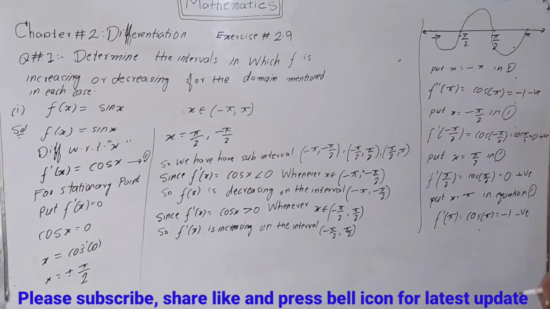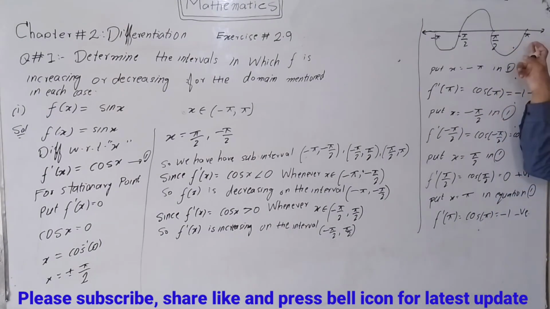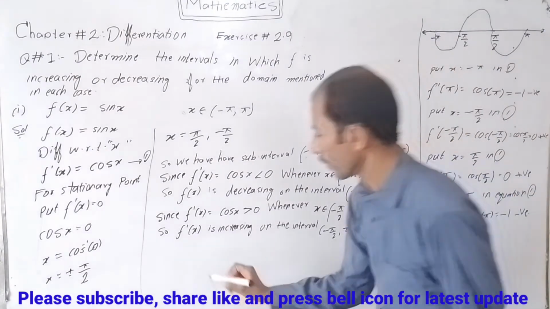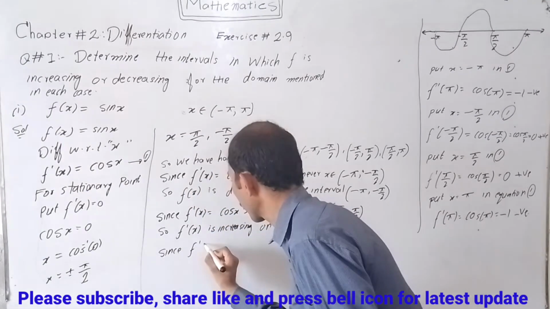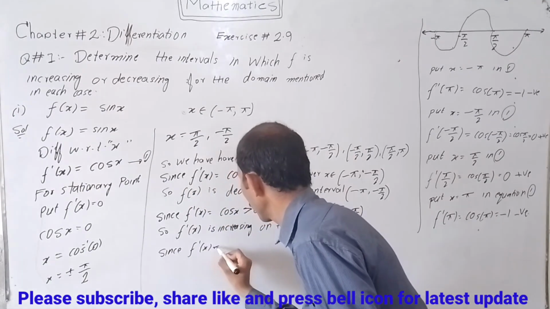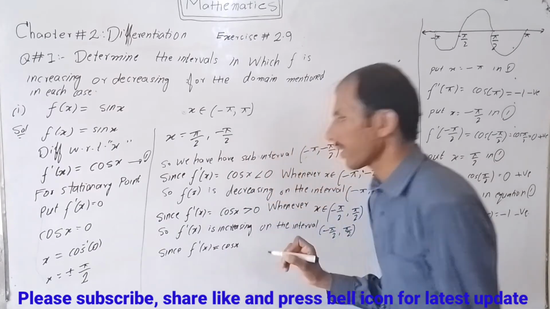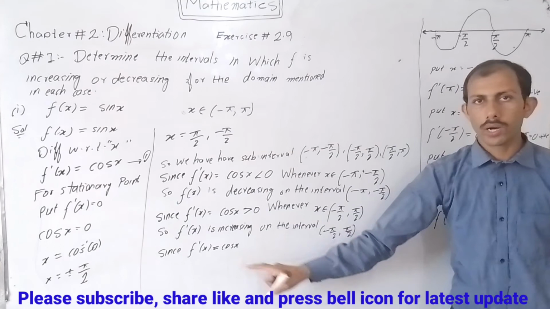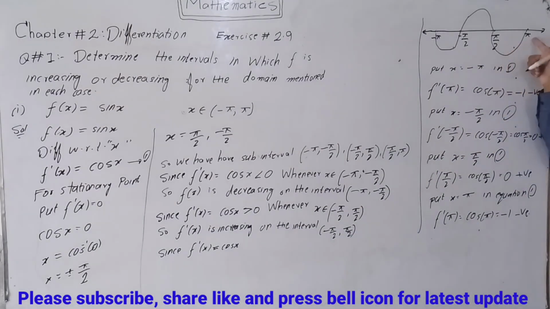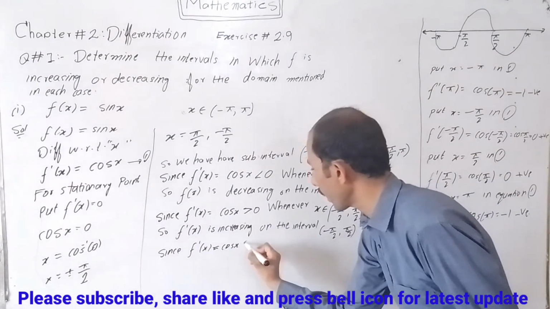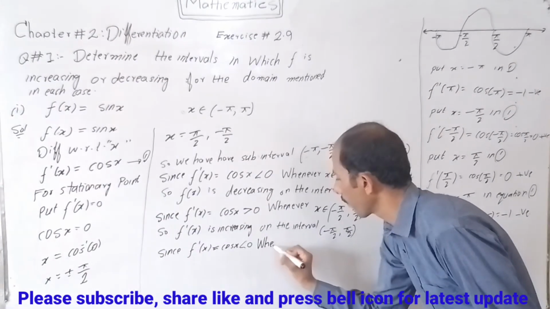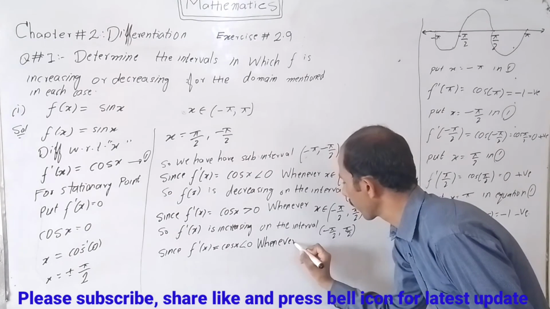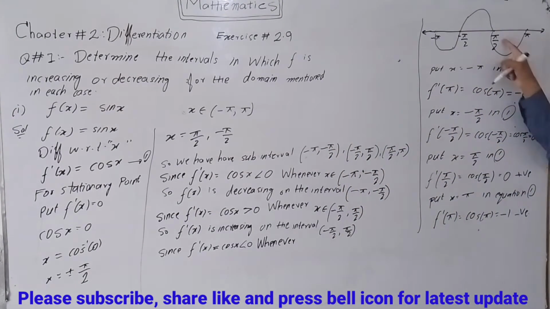Next, pi over 2 to pi. Since f prime of x is equal to cos x, on pi over 2 to pi it is below the real line. So cos x is less than 0 whenever x belongs to pi over 2 to pi.